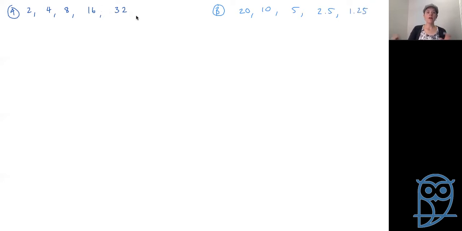So what are our important letters? A, our first term, equals 2. R, our common ratio, 4 divided by 2, which equals 2, or 16 over 8 or 32 over 16, any consecutive terms. Here, A equals 20, R equals 10 over 20 equals a half.